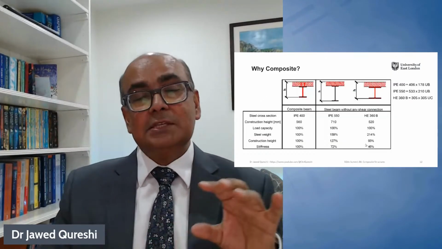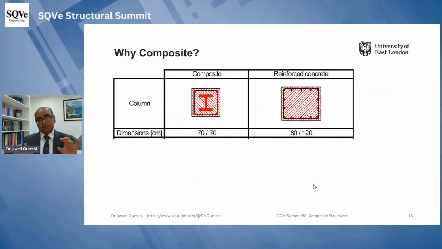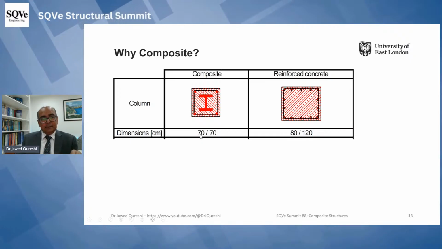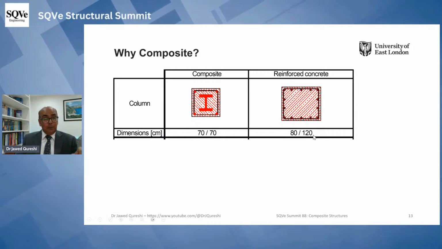Now, the same is the situation with columns. But composite columns are not very common. In case of a composite column, here you can see that the dimensions are 70 by 70. In case of reinforced concrete it is 80 by 120.